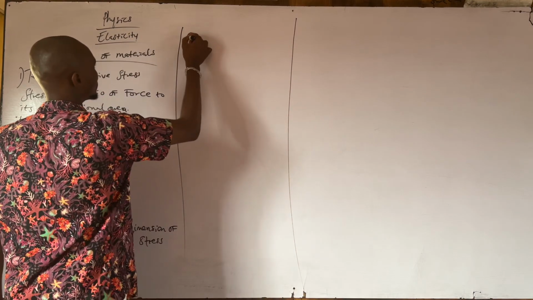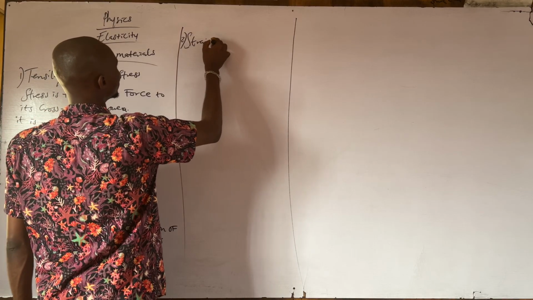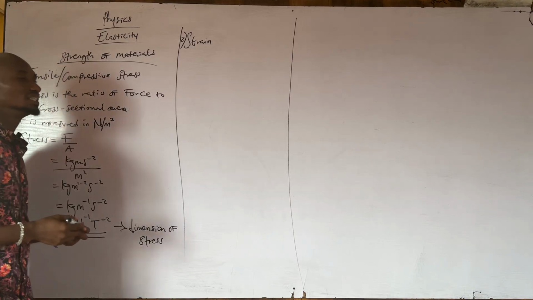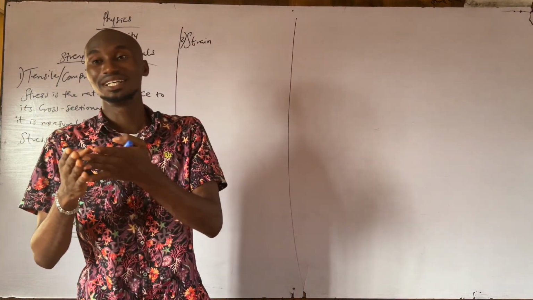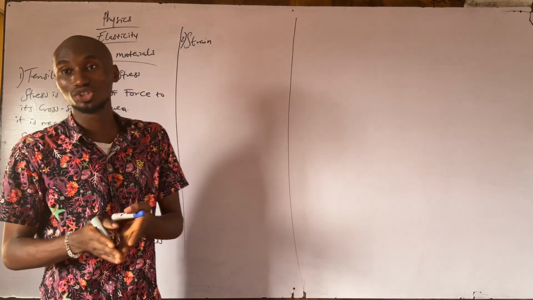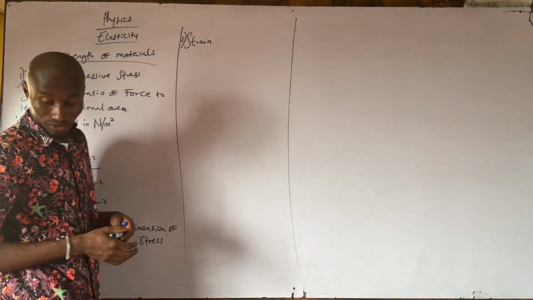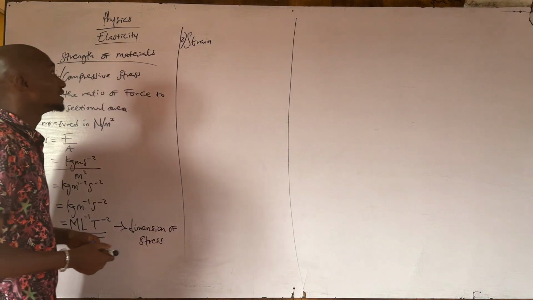Strain, that is number 2. What is strain? Strain is the ratio of extension to its original length.